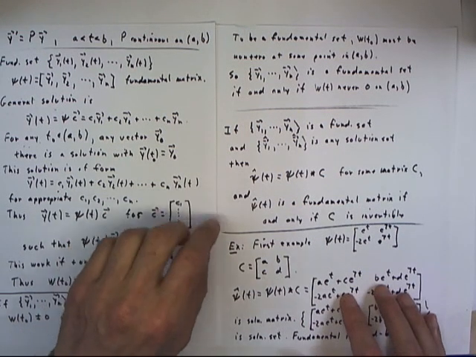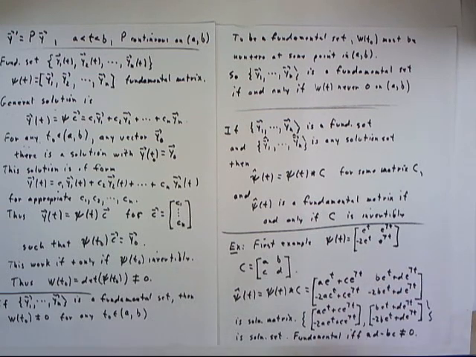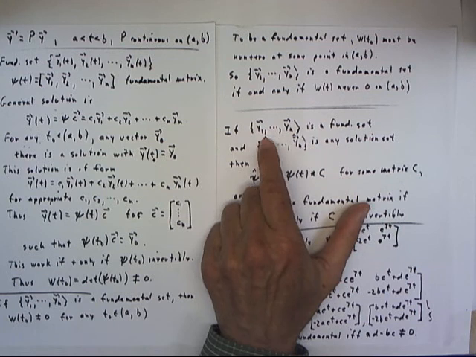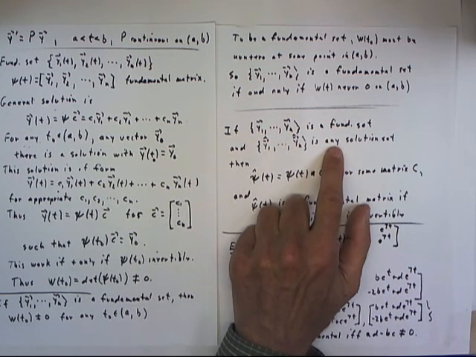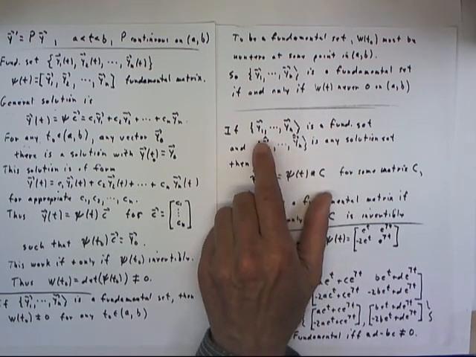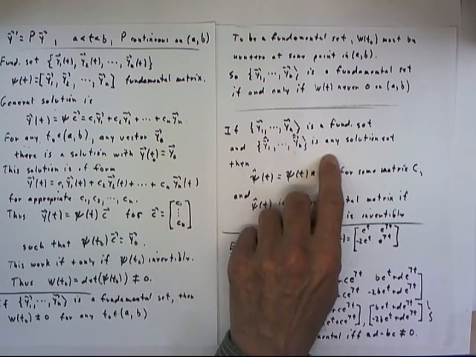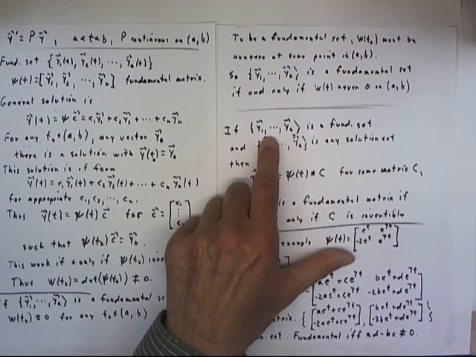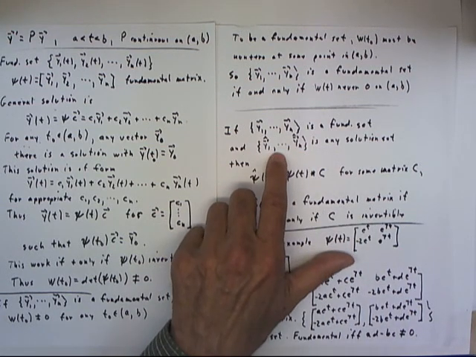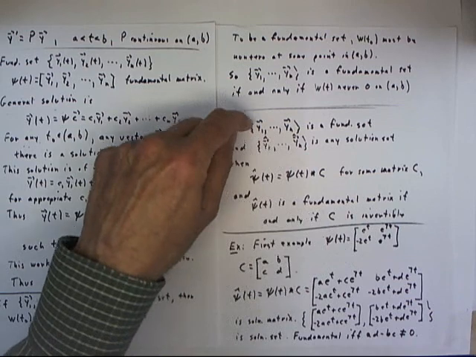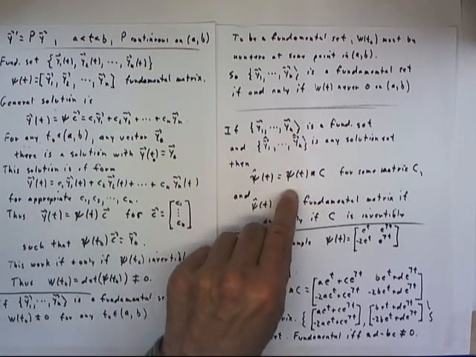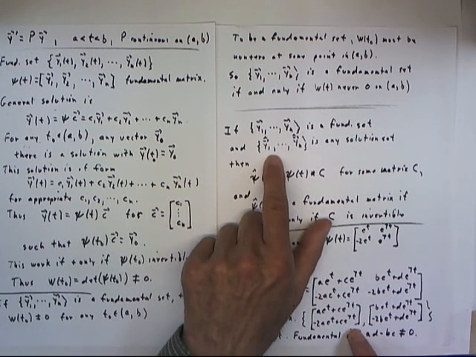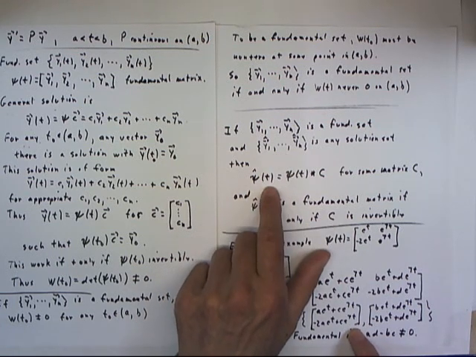These fundamental sets and fundamental matrices have one more important property. If y1 through yn is a fundamental set, and y1 hat through yn hat is any solution set, then first of all, there's a psi matrix that goes with this, and there's a psi matrix that goes with this. We'll call this the psi of t matrix, and we'll call this the psi hat of t matrix, the matrix that goes with this solution set.